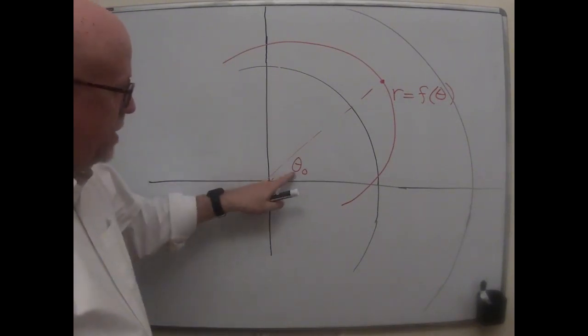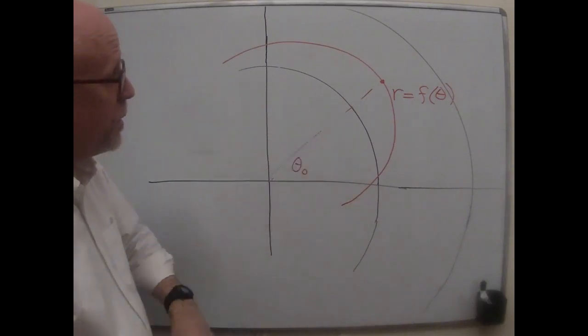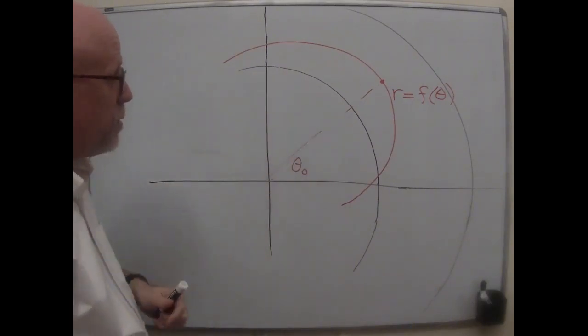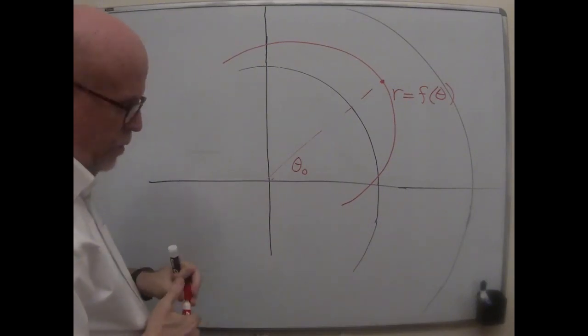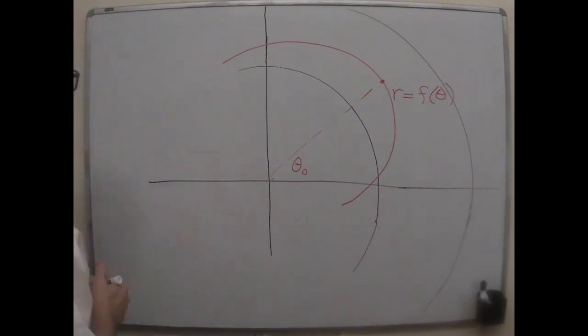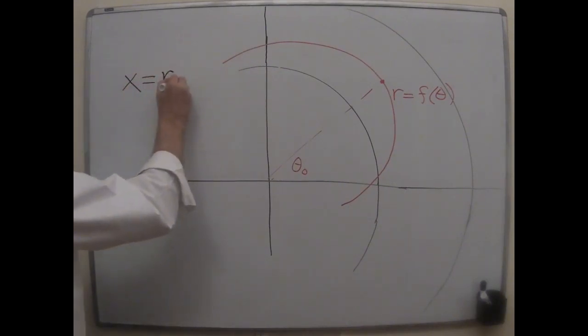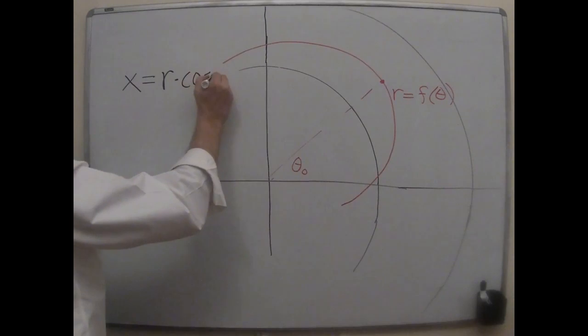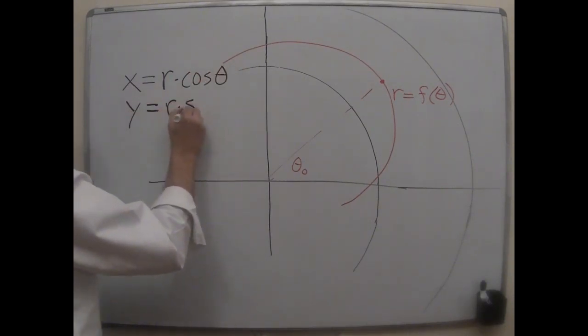So at this value of what is effectively just our parameter, what are the x and y coordinates on that curve? Well, we've used this conversion from polar to Cartesian a few times. x is r times the cosine of theta, and y is r times the sine of theta.